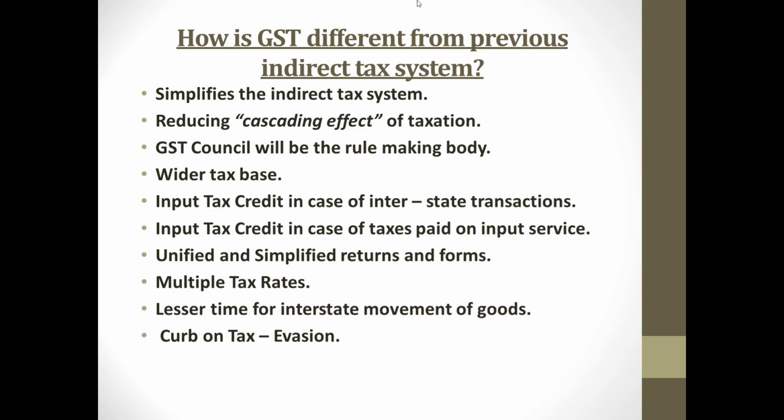Since the manufacturer or seller can avail the input tax credit on every kind of purchase, whether it is interstate, from another union territory, or some kind of service, that has successfully removed the cascading effect of taxation, and ultimately the cost of things has become less, because the business person can avail the input tax credit, and as such it will not become part of the cost. Only the differential part of the tax will be charged, right?